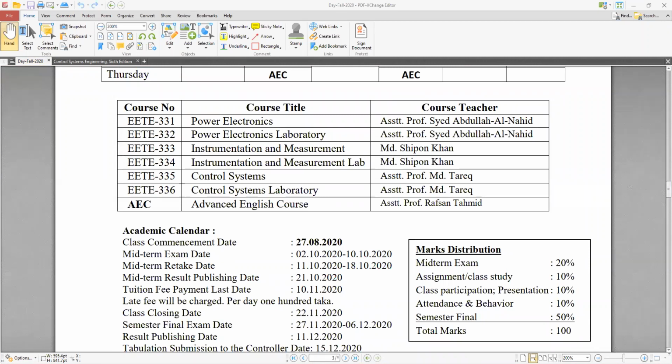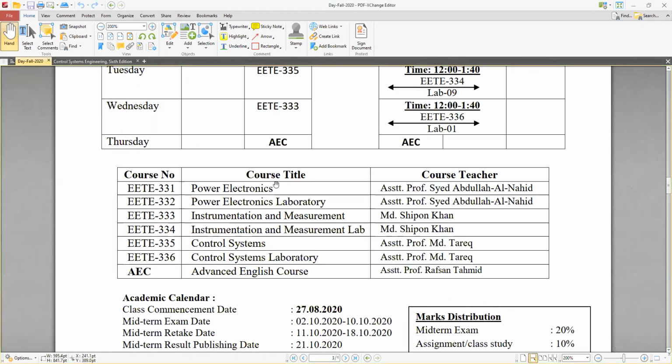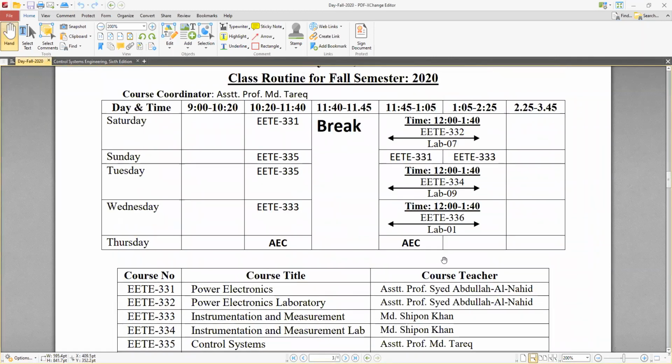Thursday you have no class or class? Thursday we have English class, sir. After 12, we can take the class at the lab time. Okay, in the lab time we can also take the theory class, right.